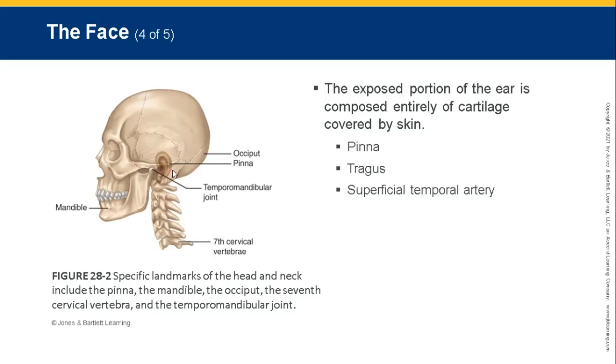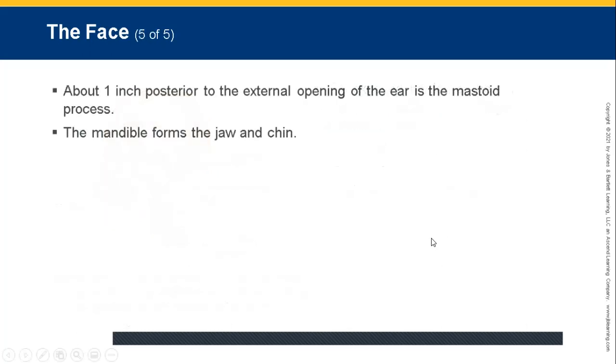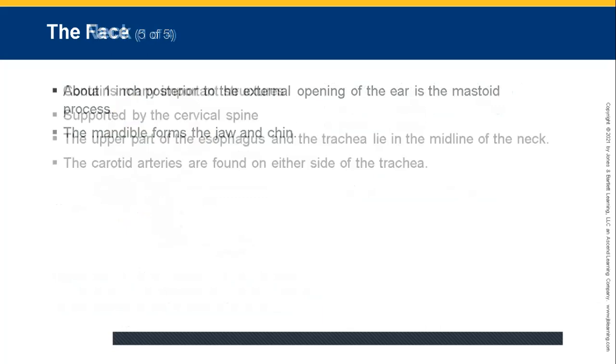And you can see where the pinna is on the diagram. About 1 inch posterior to the external opening of the ear is the mastoid process. The mandible forms a jaw and chin.